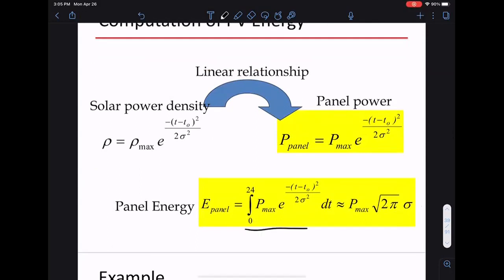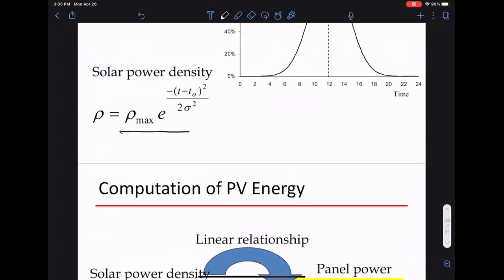You can think of this integral as roughly equal to P max, the maximum power you can produce during the day, times a factor that's square root of pi times sigma. So if the question asks for the total energy, you use this energy equation. If it asks for the power at a particular time, you use the power equation.